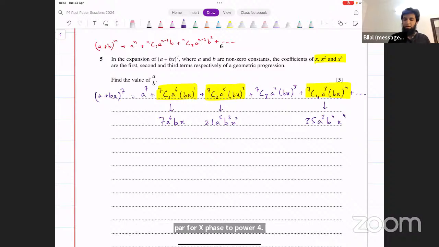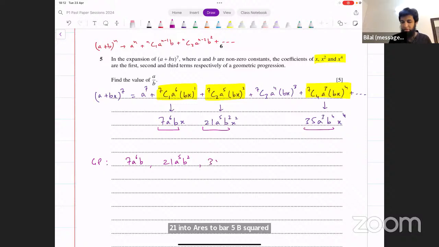Okay? Now what they're saying is, the coefficients of these three terms are the first, second, and third terms respectively of a GP, of a geometric progression. So we've got a geometric progression such that its first three terms are these. 7a raised to power 6 into b, that's the first term. 21 into a raised to power 5 b squared.